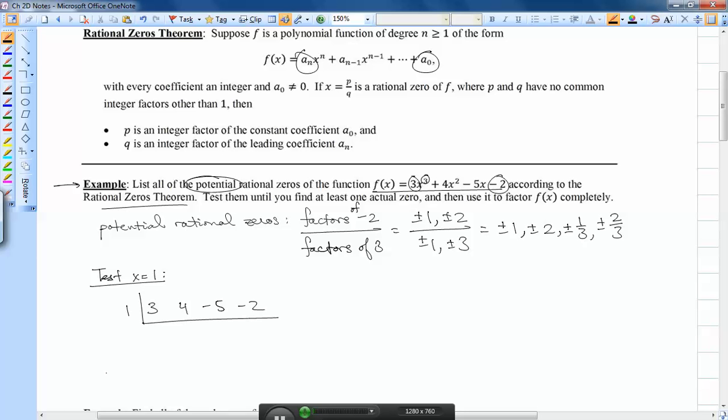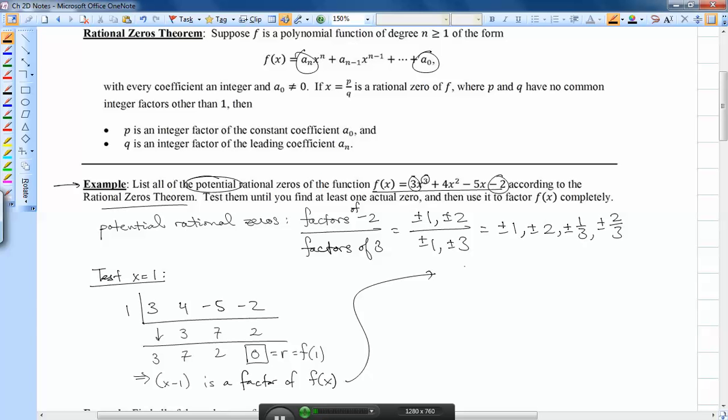We'll use synthetic division. So I bring down the first term and then multiply and then add and then multiply again. So 1 times 7 is 7, 2 here, multiply, get 2, and then add, get 0. Since the remainder is 0, which is the same thing as f of 1, that means that x minus 1 is a factor of f of x.